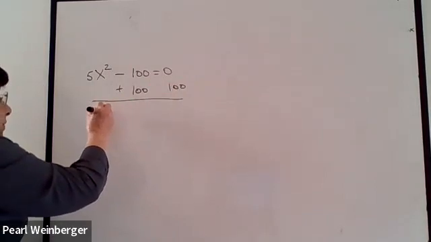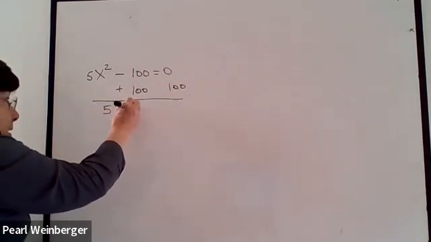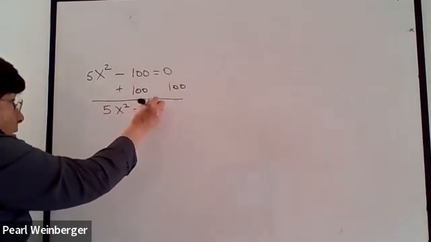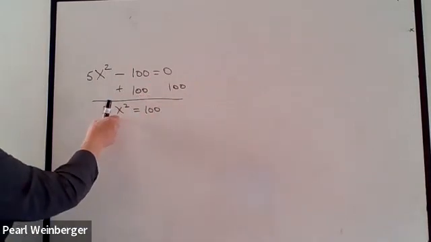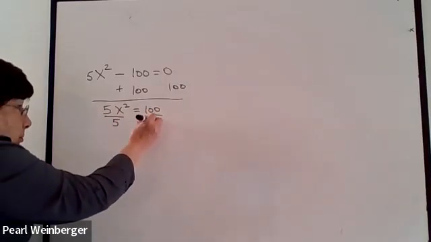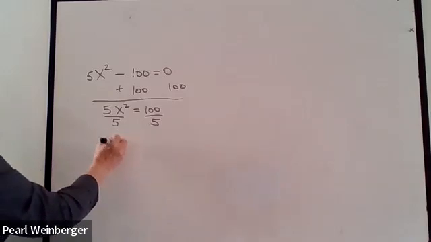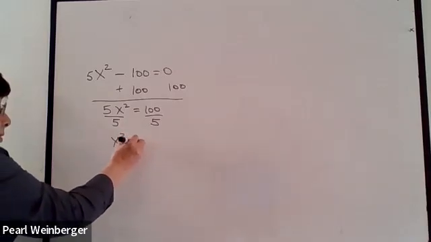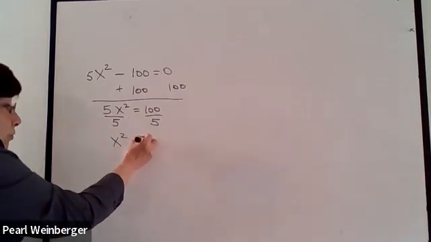And you get 5x squared equals 100. And then, again, if this was an x, you would divide everything by 5, so that you end up with x squared equaling 100 divided by 5, which is 20.